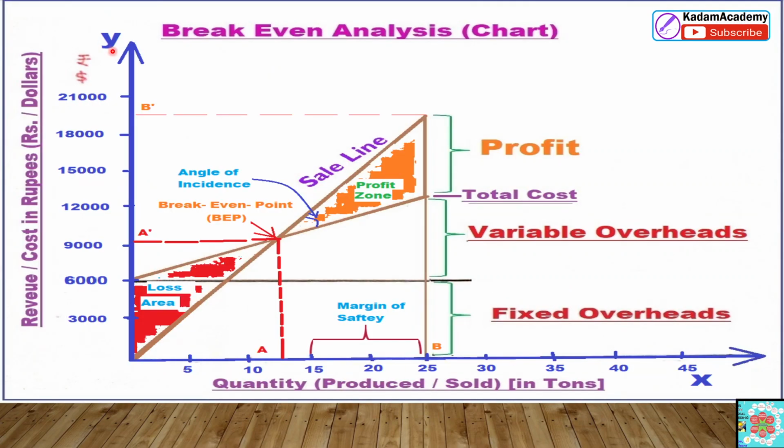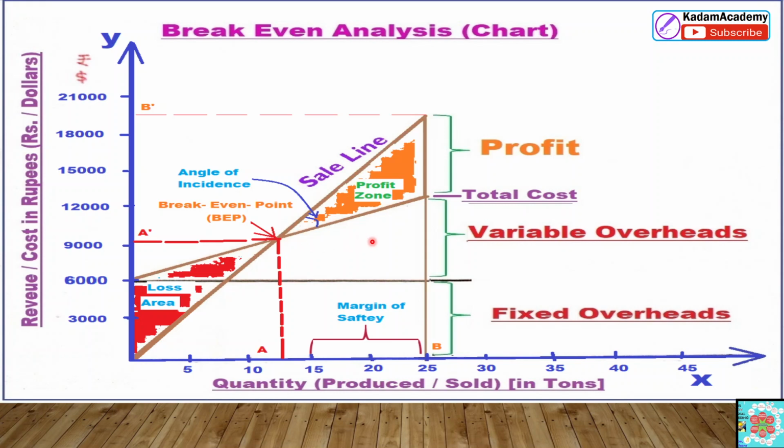So this is a graph, the break-even analysis chart, to calculate the break-even point. Here two terms are there, margin of safety and angle of incidence. These are very beneficial concepts to clear up. The margin of safety represents the amount by which the volume of sales exceeds that at the break-even point. This is the break-even point where there is no loss and no profit.